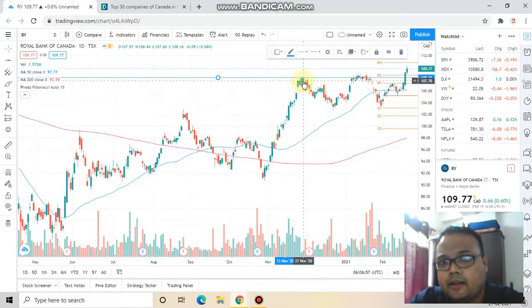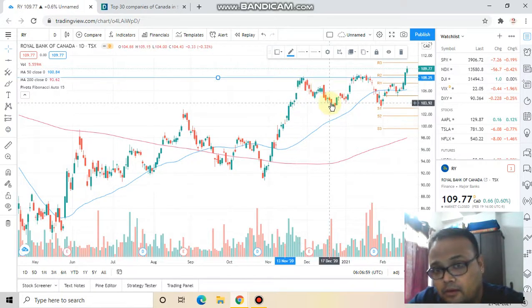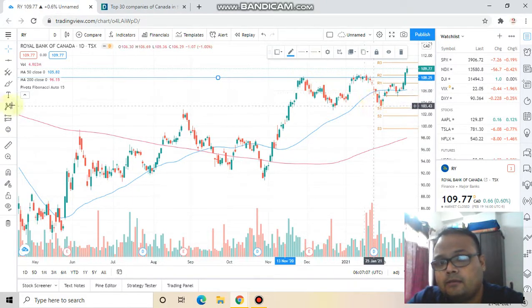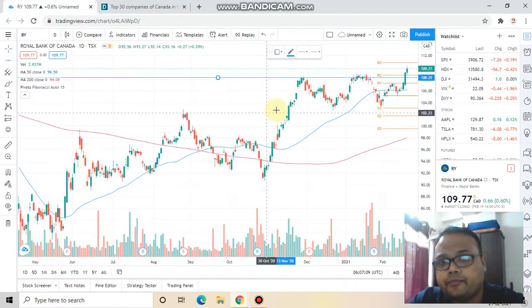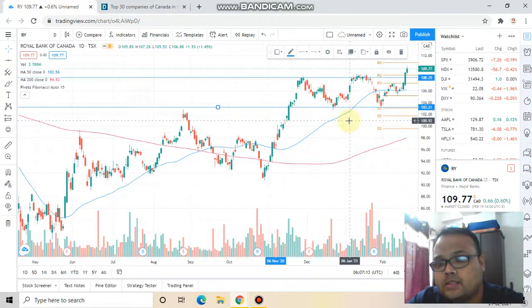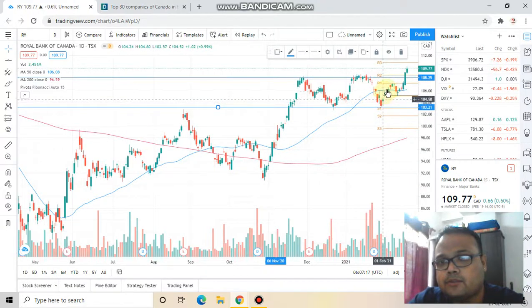This was the high the market made, and after going up again, when the market reached this particular level, it failed to break this previous high and came down again. It took support at the 103 level and bounced from here again.